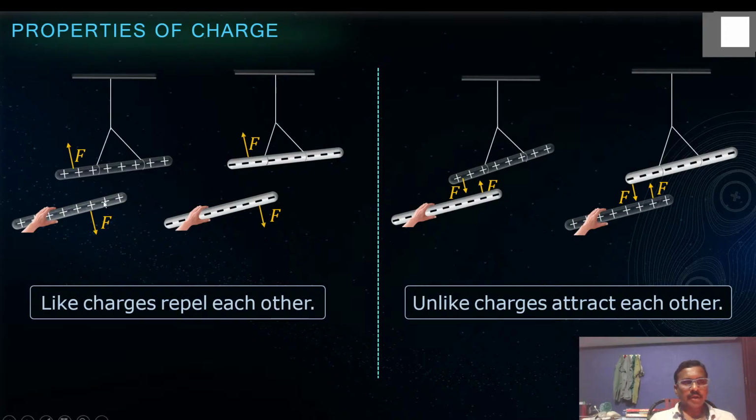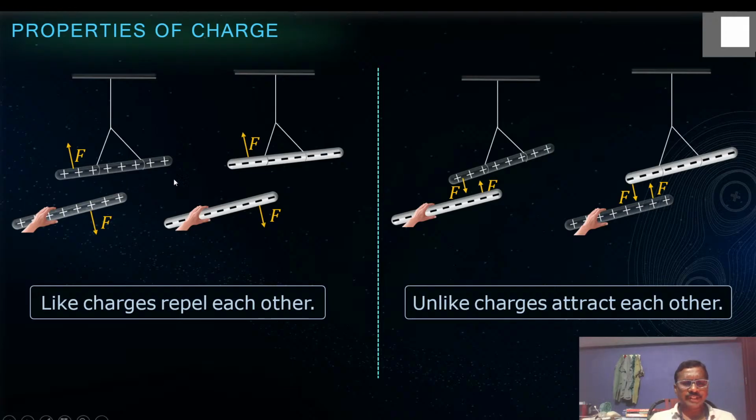So let us see properties of charge. This is the glass rod. If I take another positively charged rod, one more positively charged rod, and keep these two very close, these two are like charges and repel each other. The same case with a negatively charged rod, this is also a negatively charged rod.